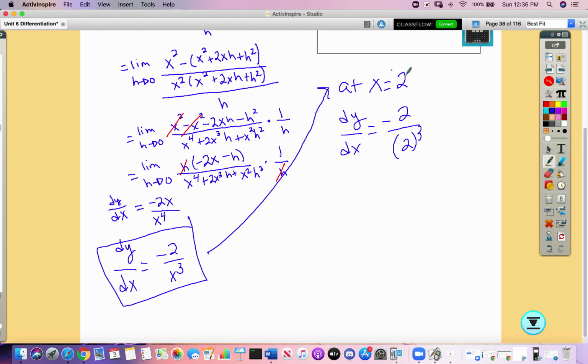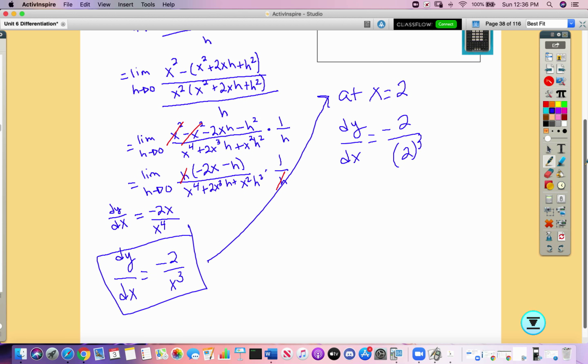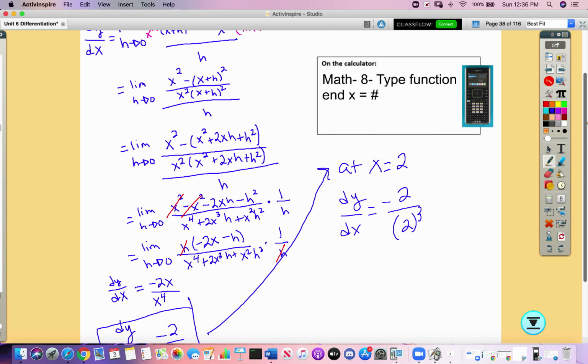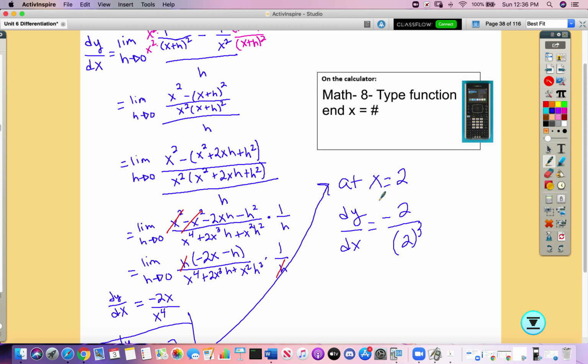So I'm just substituting in 2 for my x value. And here we go. I get dy dx is equal to, well, negative 2 divided by 8, that's going to give me negative 1/4. Final answer.